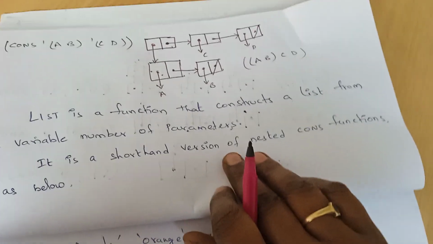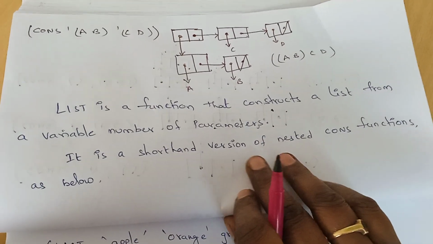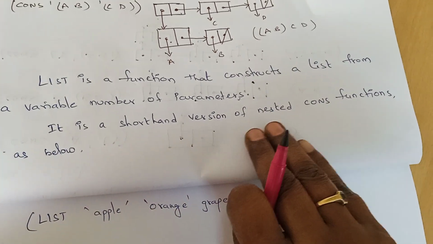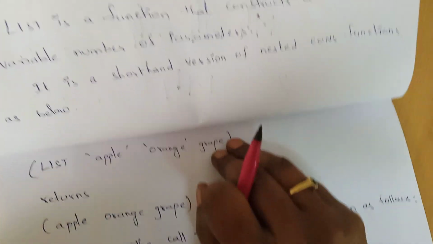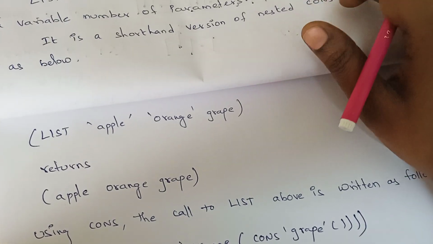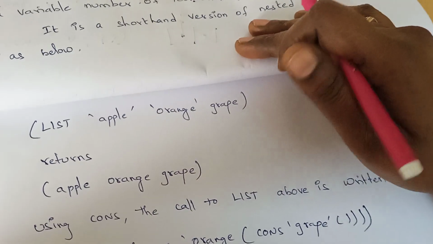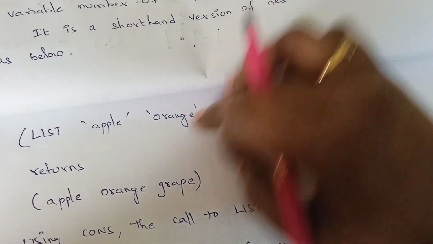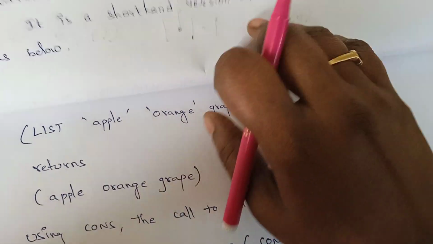Now we'll see one example. LIST is a function that constructs a list from a variable number of parameters. It is a shorthand version of nested CONS functions, as in the following. List apple, orange, grape. What it returns: these are three sublists if you see. This is one list, the other list, the other list.